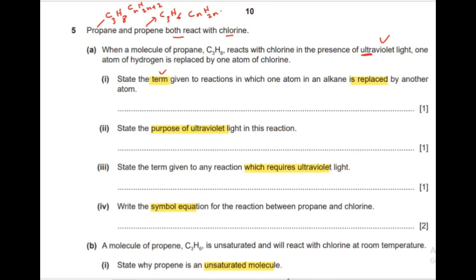So just write down the term: substitution reaction. State the purpose of the ultraviolet light or UV light. Actually, this UV light helps to break the single covalent bond between chlorine and chlorine. You can write this, or you can write that it provides the necessary activation energy.